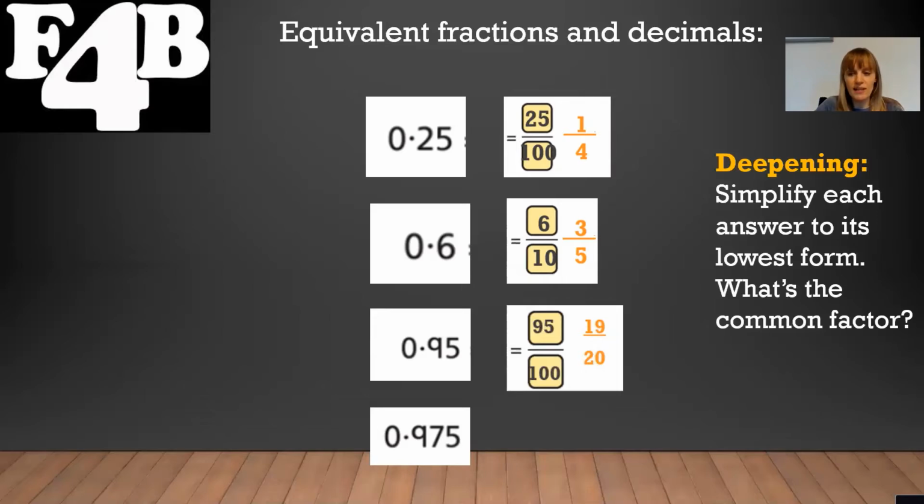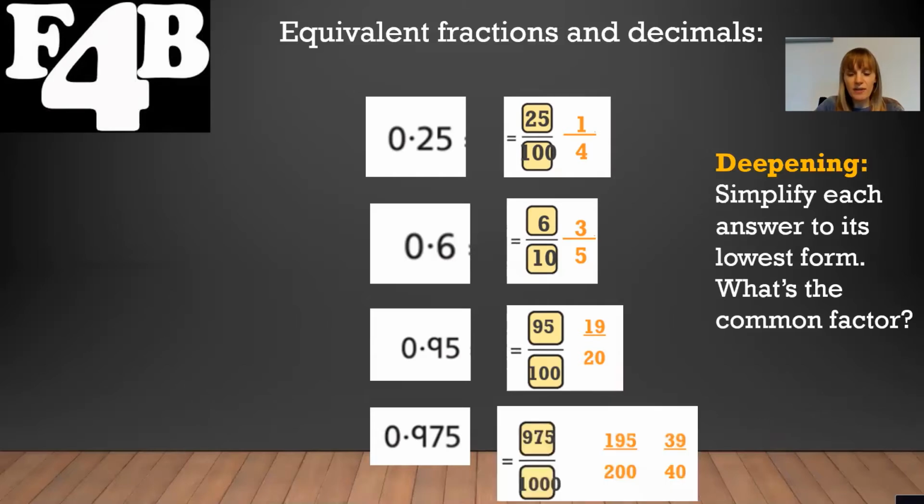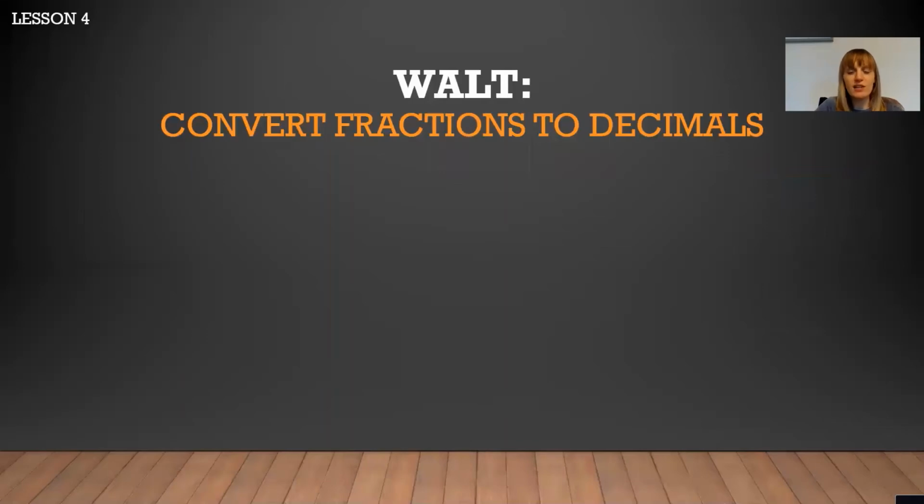The common factor there was the 5s. They could both be divided by 5s. And the final one is 975 thousandths, which can be simplified to 195 over 200 and again to 39 over 40.